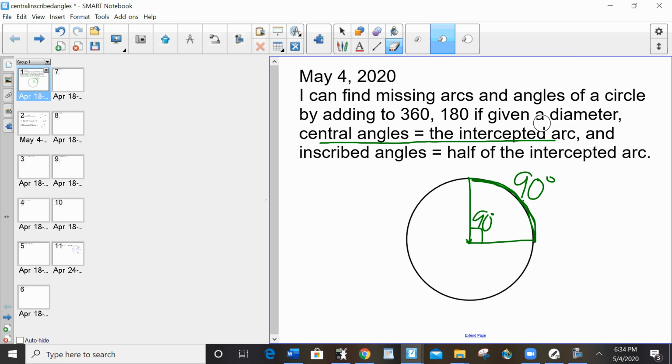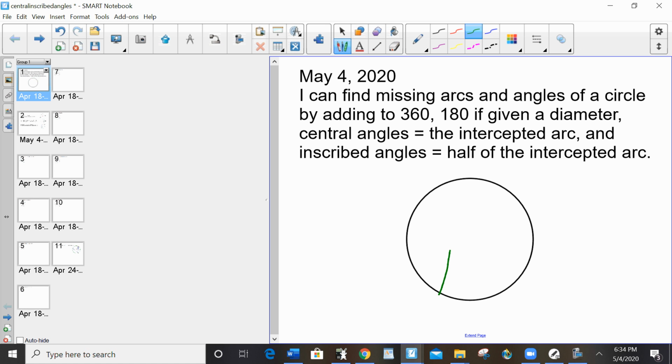And the last rule we're going to talk about today is an inscribed angle. Let me just redraw that. An inscribed angle is an angle whose vertex is on the circle. Not at the center of the circle, but on the circle.